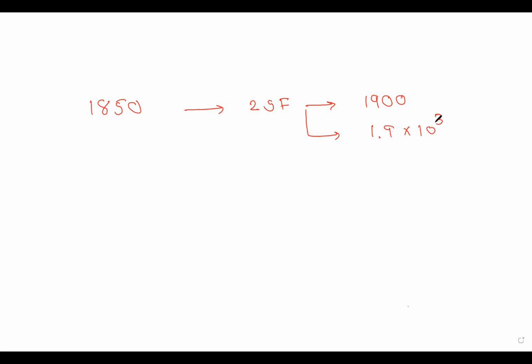When we have a number like this and have to round it off to 2 significant figures, we just think about the first 2 digits, which we're going to keep. Everything else is considered in the rounding off. The rule is that if the digit is 5 or greater, you add 1 to the last retained digit.